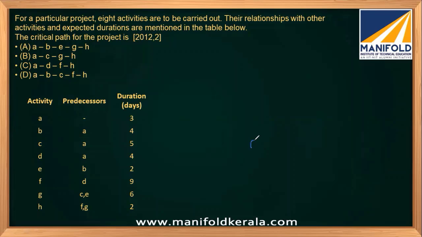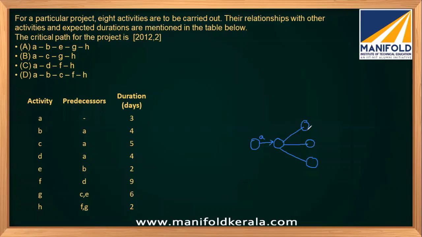A does not have any predecessor, so I can simply draw A. Then B, C, D start from A. E is from B, and F is from D. C and D are merging together.